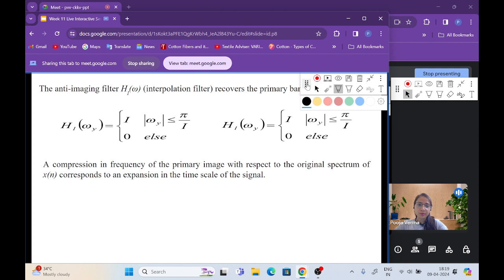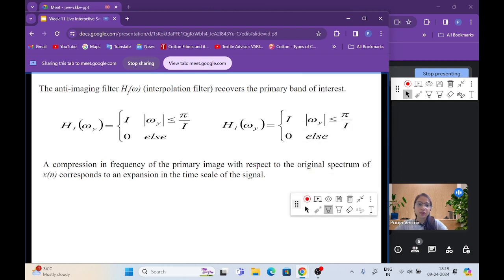The filter used after upsampling or interpolation is called the anti-imaging filter, and it is represented by H_I of omega, where H_I of omega_y is equal to I, with mod of omega_y less than or equal to pi by I, or 0 otherwise.